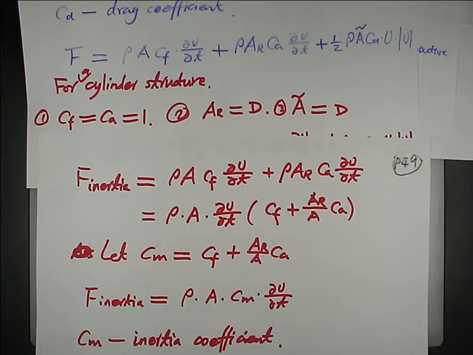We don't know. So no way to calculate, no theory to explain. The only approach to get the values of CA, CM, CD is, good answer, in the laboratory, you do experiments.